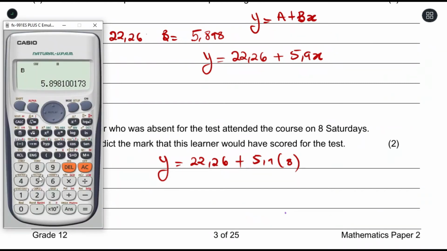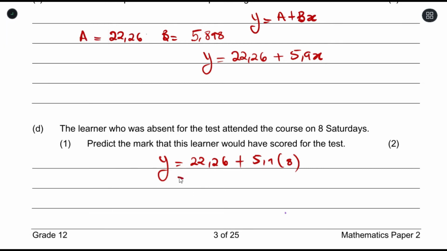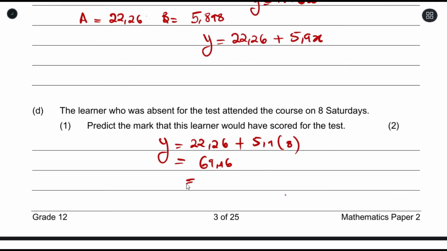Let's put this in our calculator. 22.26 plus 5.9, then we have 8. Now we have this answer as 69.46, which can just be approximated as 69%.